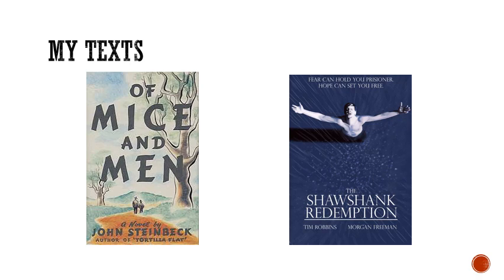For my example, I'm going to be comparing two texts, and that's the book Of Mice and Men by John Steinbeck and also The Shawshank Redemption, which is the film. Now, because I'm comparing a book and a film, I'm not going to be delving too deeply, particularly in this video, into the filmic and written devices in each of these.